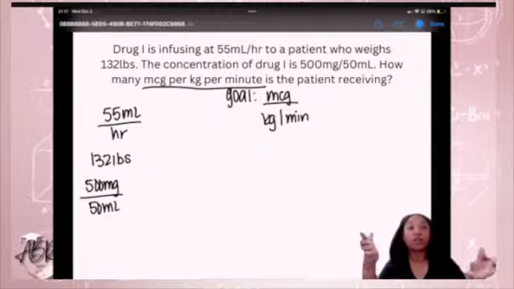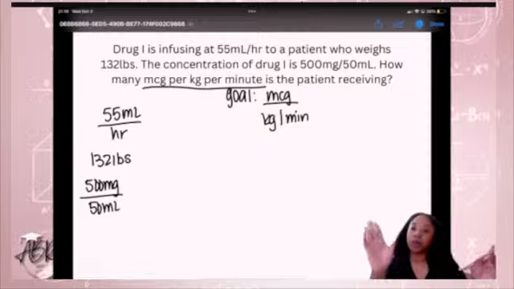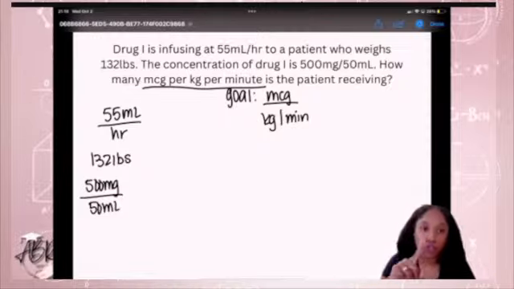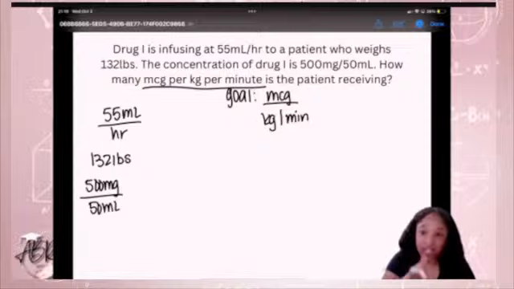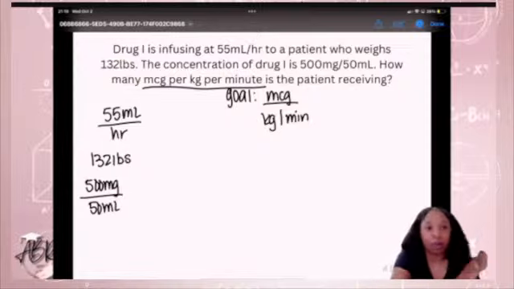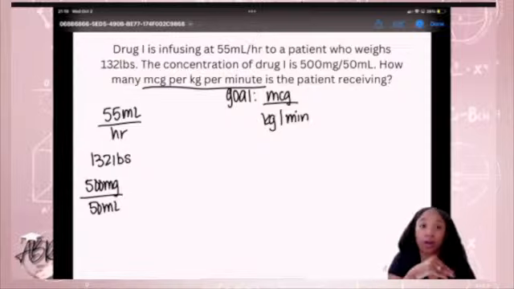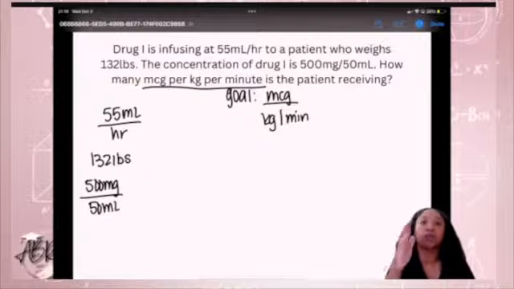So, therefore, we will start with a conversion because we got a puzzle piece with milligram, but we are looking for micrograms. I always start with what I am looking for. That's how you set up your problems, and everything else lines up and they cross out. If you are lost on how to set up your problems, start with what you're looking for.